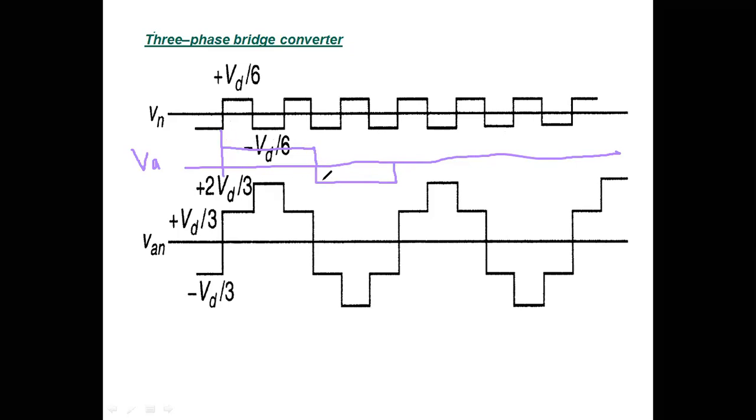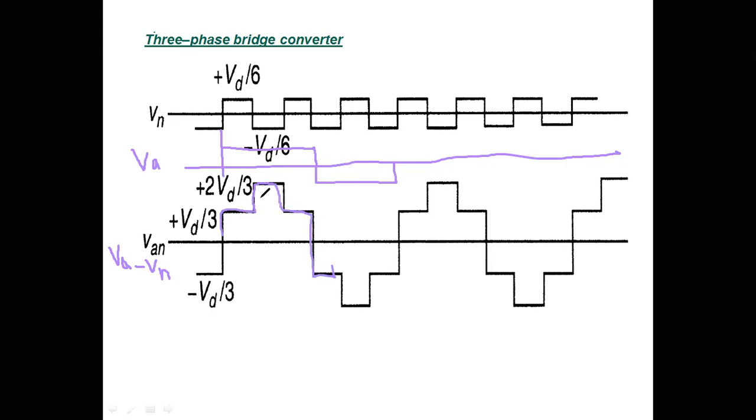So plus Vd by 2 and minus Vd by 2. This Van is calculated, that is Va minus Vn, so this minus this one, and here plus Vd by 2 minus of minus Vd by 6, you will get positive, so that you will have 3 pulses in the positive cycle, and similarly in the negative cycle.